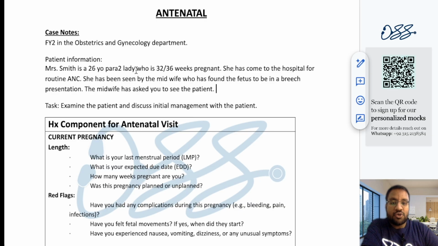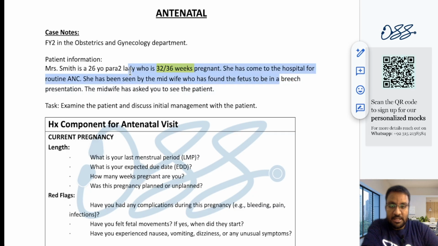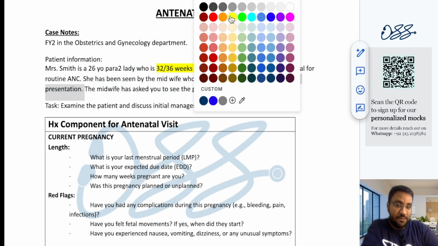So as you can see on the stem, there would be a lady who would be either 32-week pregnant or 36-week pregnant, coming to you for a routine antenatal checkup, and she might be having a breech presentation. Okay, so this is one variant of the case.